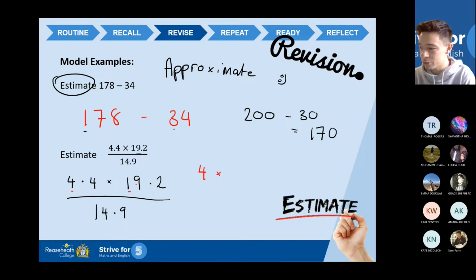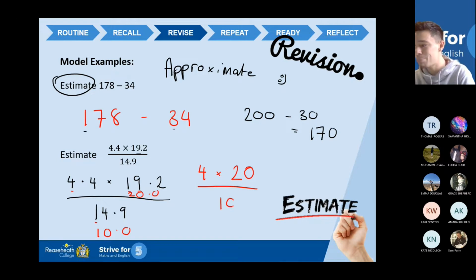Well, there's my first number. The 9 is going to bump it up to a 2, and then the rest of the number becomes 0. So it's going to be 20.0, or simply 20. And then the last bit, 14.9, there's my first number. The 4 is going to keep it the same, so it stays as 1. The rest of the number becomes 0, so it becomes 10.0, or simply just 10.